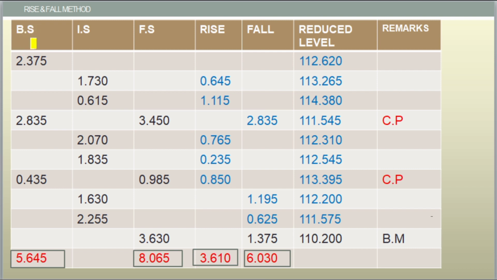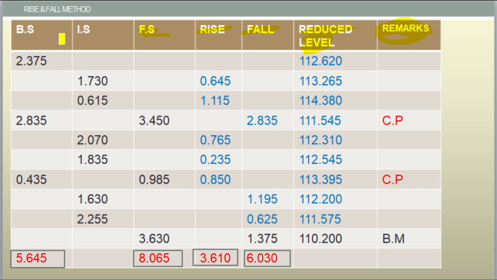And after omitting that, my first columns here are the backside, intermediate side, and the foresight. So this is the first reading, the intermediate readings, and the last readings here. And then we are supposed to use the rise and fall method. So there we have the rise and fall columns, then we have the reduced level column, then on our last we have the remarks column.